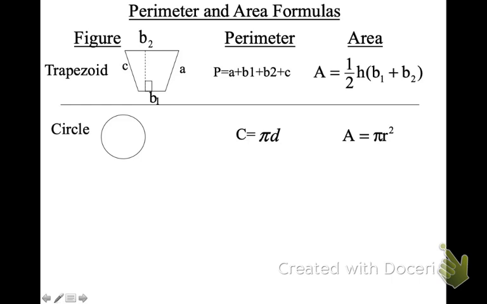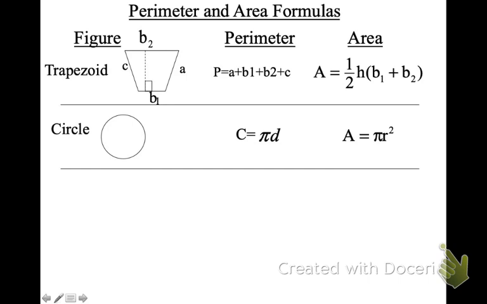That's the fence that goes around it. Any other shape, we're adding up the outside for the perimeter. With the circle, we're still doing the outside, but there's no sides to add up. So the way we find it is we take pi and we multiply it times the distance across.